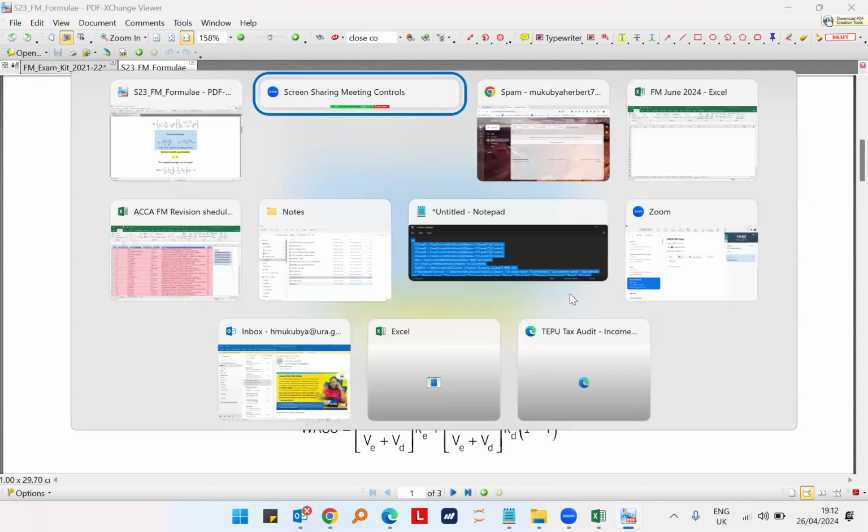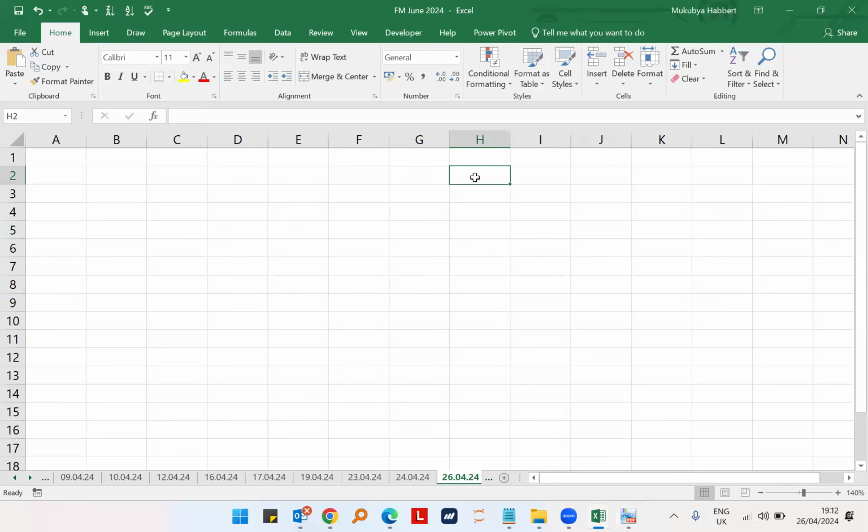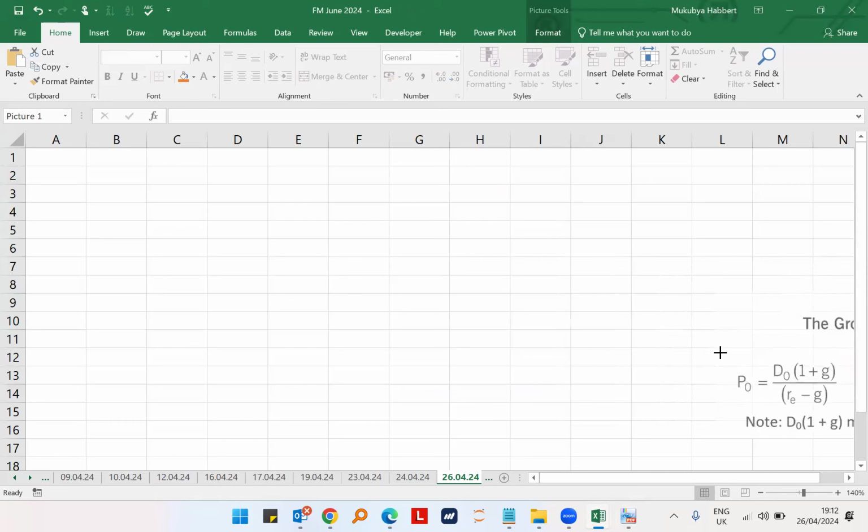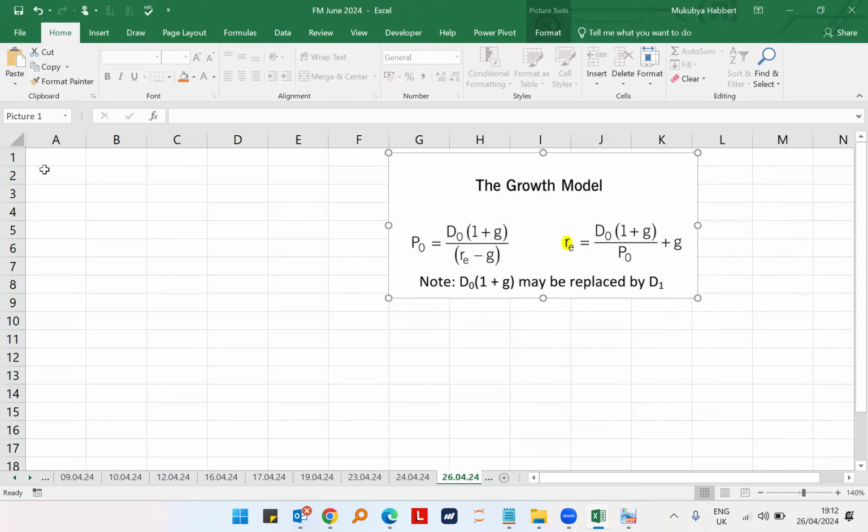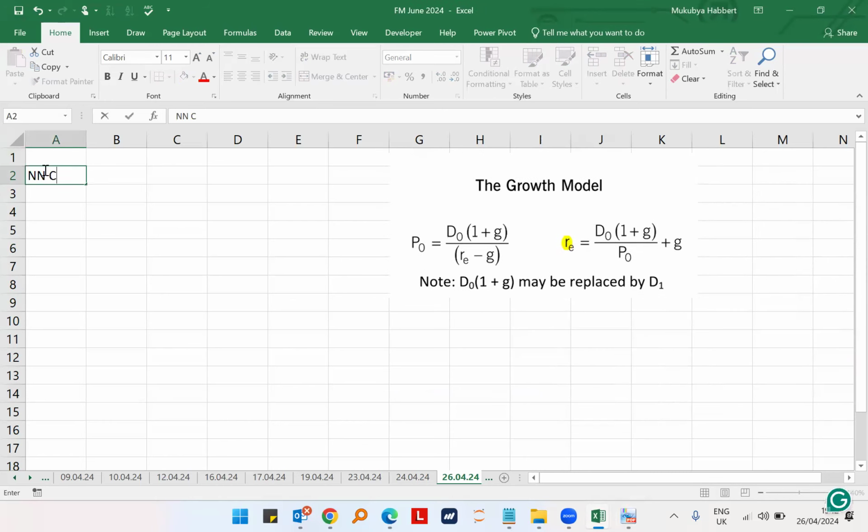So if we take it to our Excel, we are doing NN core. We are going to calculate the market value using the dividend growth model. So what do you need? You need the dividend, you need the growth, you need the cost of equity.